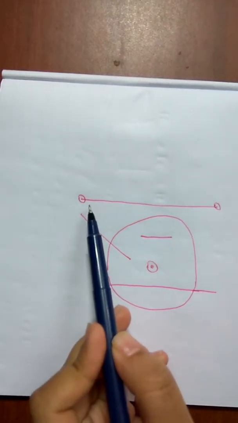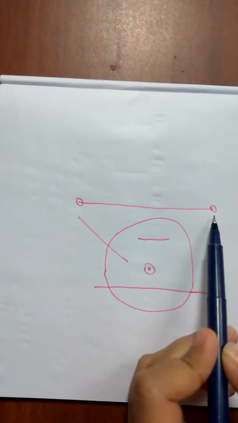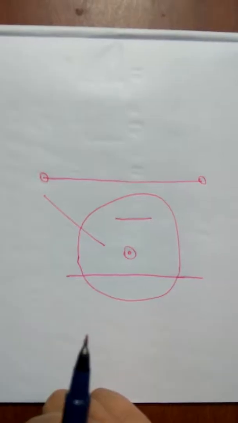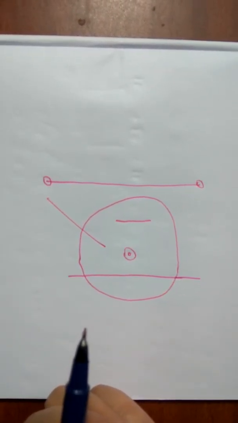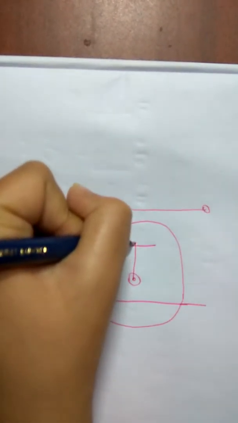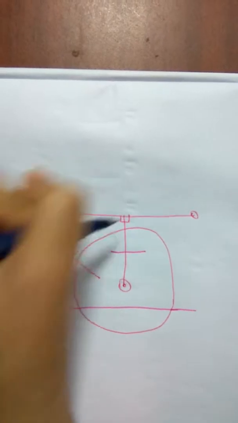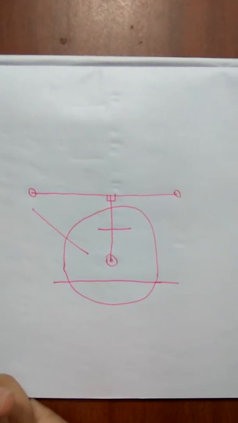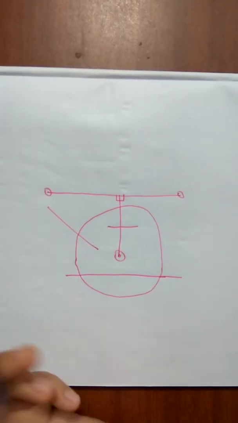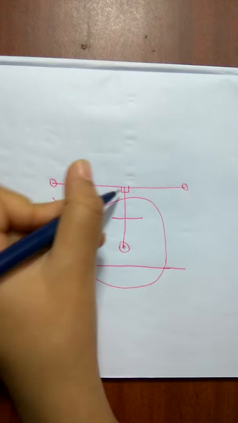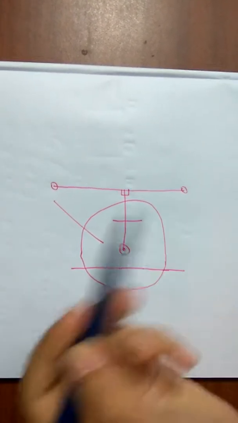We have the endpoints of this line, so we'll find the equation of the line, and after getting the equation of the line, we'll find the perpendicular distance from the center. Now, if the distance is more than the radius, this line is outside the circle.